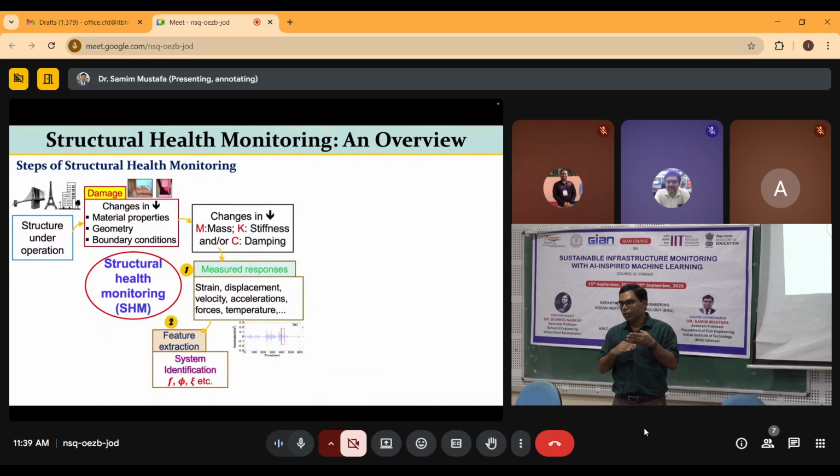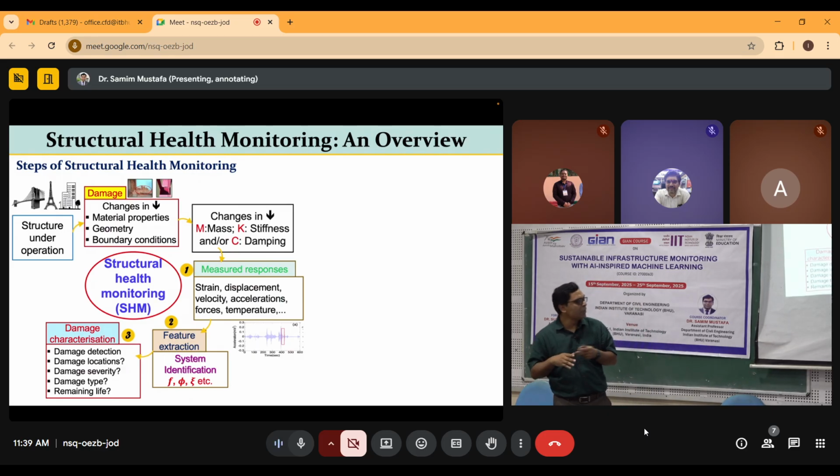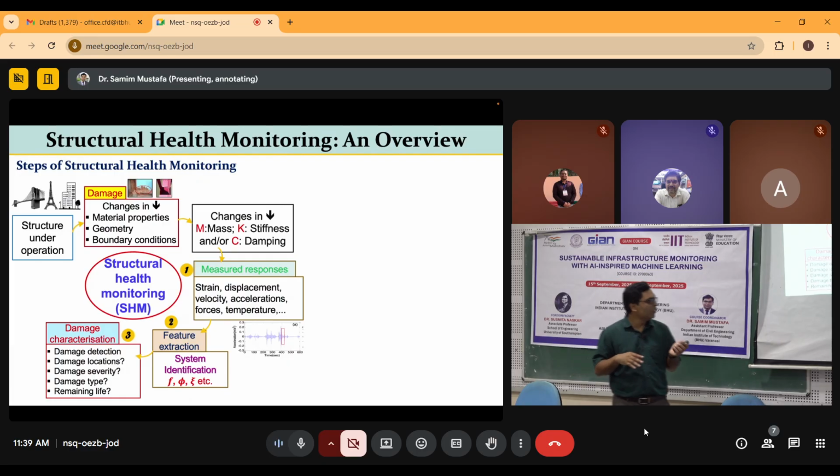So you have to detect the location, you have to determine the severity, you have to determine the type of damage, okay. Then based on the extent and type of damage, you also have to estimate the remaining life or residual life of the structure, okay. So once you have all of this information, then what do you need to do?